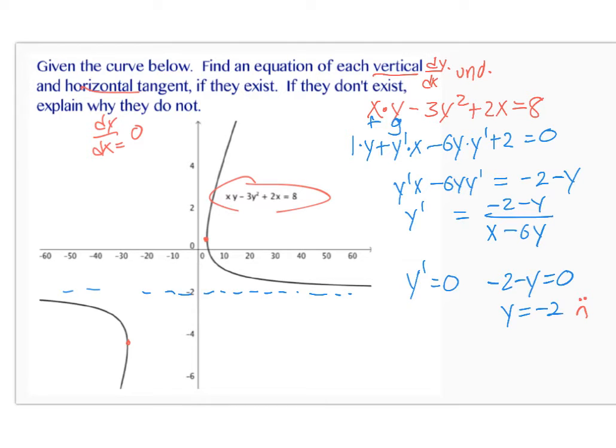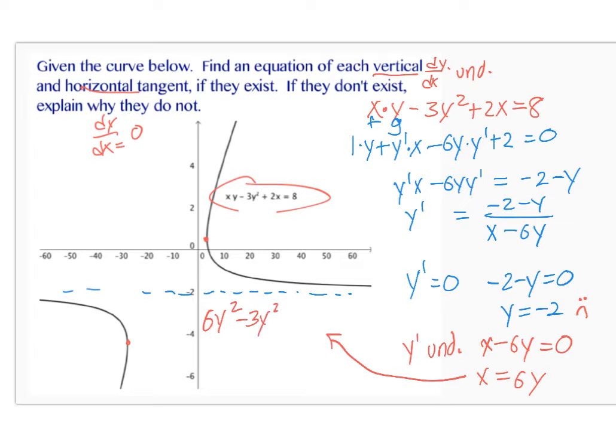We also are looking for when y prime is undefined. In other words, when x minus 6y is equal to 0. Okay, so if x is equal to 6y, I could plug this into my original function, and I end up getting something like this. 6y squared minus 3y squared plus 6y, so 12y is equal to 8.